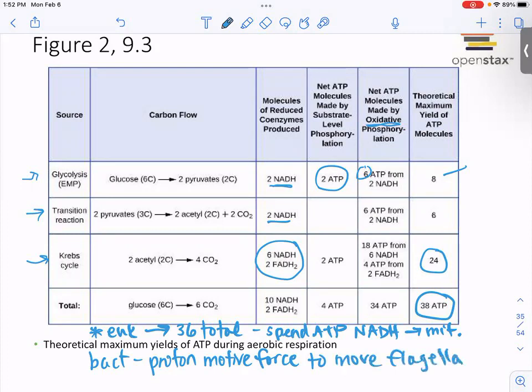They're not spending ATP every time they spin their flagella around. It's the proton motive force that powers that. And they can also use the proton motive force to transfer things in and out of the cell, to make active transport a little bit more favorable. So that theoretical number is probably not ever reached, or rarely.